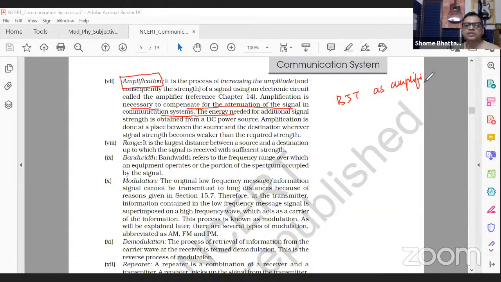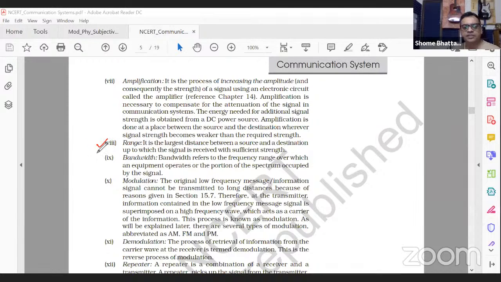So there we understood that it is a active device, active 3-pin device. So it requires power source. So DC power source is there. Even if we use AC power to power it, internally the amplifier has rectifier circuits which converts that AC into DC. So always we require DC power source for an amplifier. Anyway, so as the signal strength becomes weaker, it can be amplified to the required strength using the amplifier. So that is the job of the amplification part of the system.